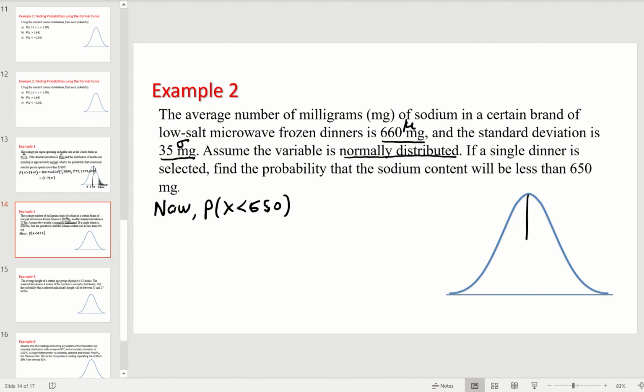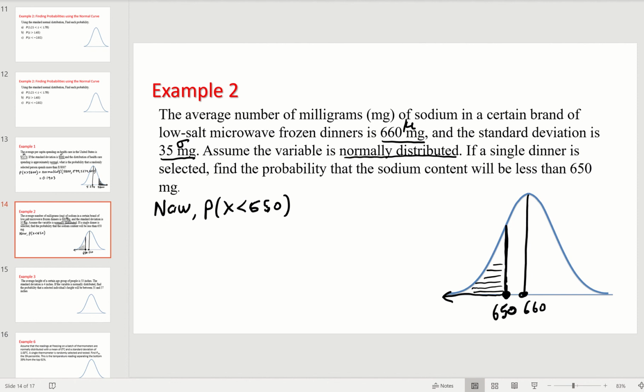The mean is always here at the center, which is 660. 650 should be somewhere here. So this point here is 650 milligrams. Less than means this side, less than 650. So the probability that the amount of sodium is less than 650 will be equal to this area here.